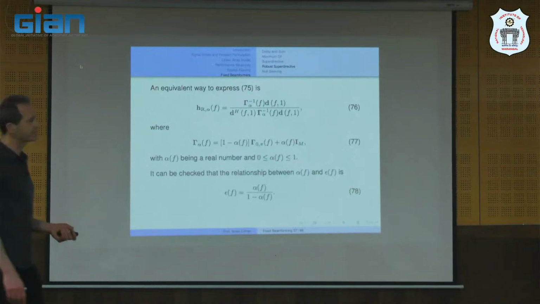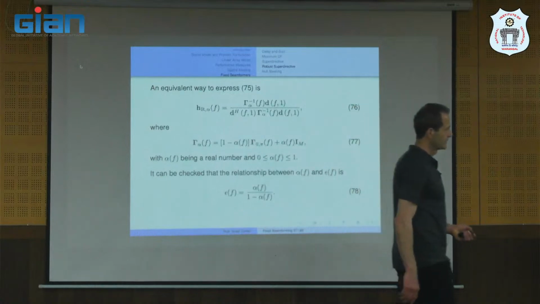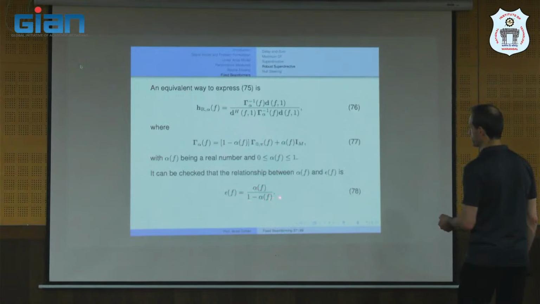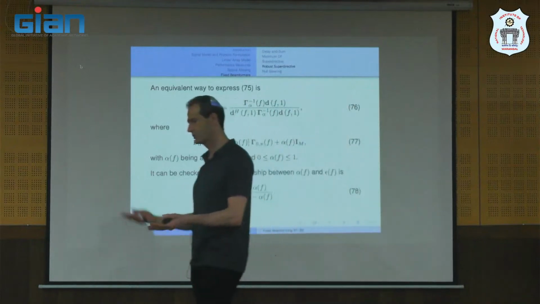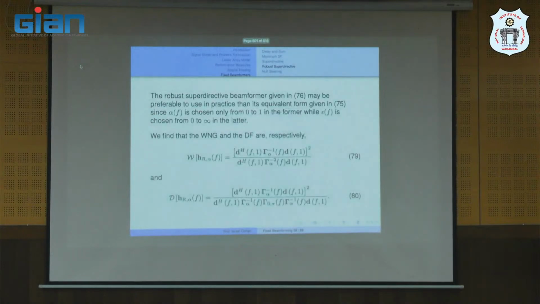Because here, epsilon is between 0 and infinity. So here we can use alpha between 0 and 1. And the relation between epsilon and alpha is like this. So it's just another way to do regularization or trade-off between two values that we want to optimize. And we obtain the white noise gain and the directivity factor using this regularization.